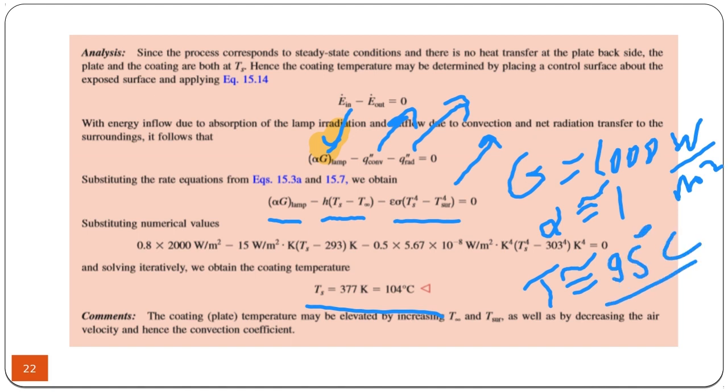So this is very similar to the problem of asphalt, but not exactly, because asphalt is also losing energy to the bottom of the asphalt, right? This one is insulated from the bottom, but asphalt is not only losing energy as convection and radiation, but also losing energy as conduction to the bottom of it.